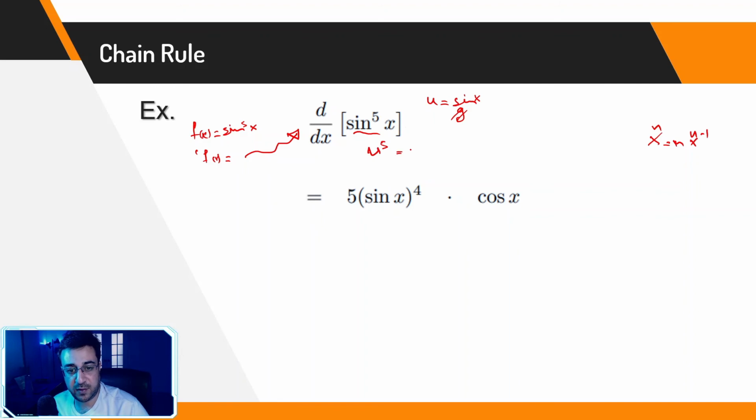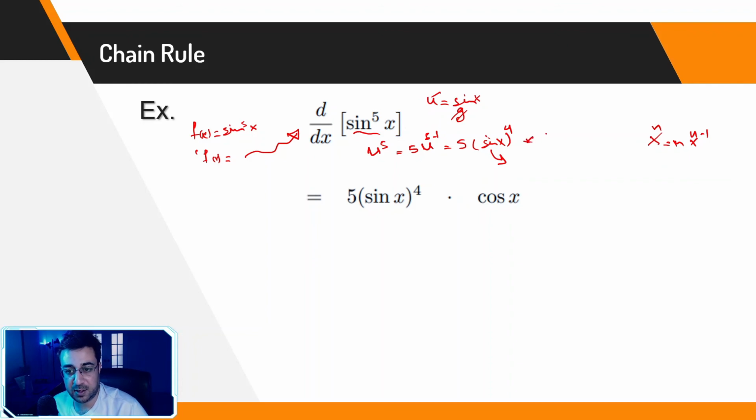What is the derivative for that? That's 5 multiplied by u to the power of 5 minus 1, which is 5 multiplied by sine x to the power of 4, multiplied by the derivative of the sine of x function itself, the u in this case.